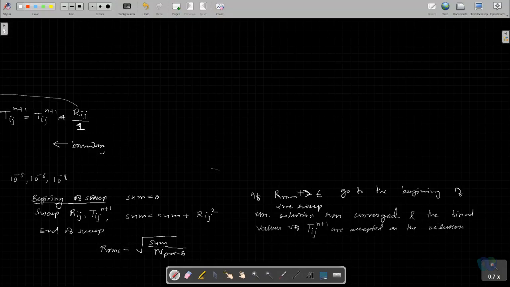So you see, in all this, you haven't constructed a matrix. That is the reason this is called a matrix-free method, and this is mostly used in all CFD solvers.